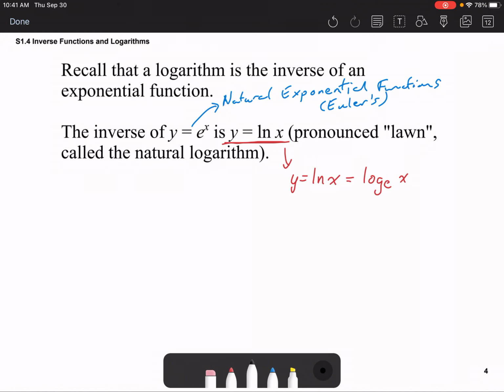And this means y equals e to the x also implies that x is equal to the natural logarithm of y. So these are actually inverses of each other.